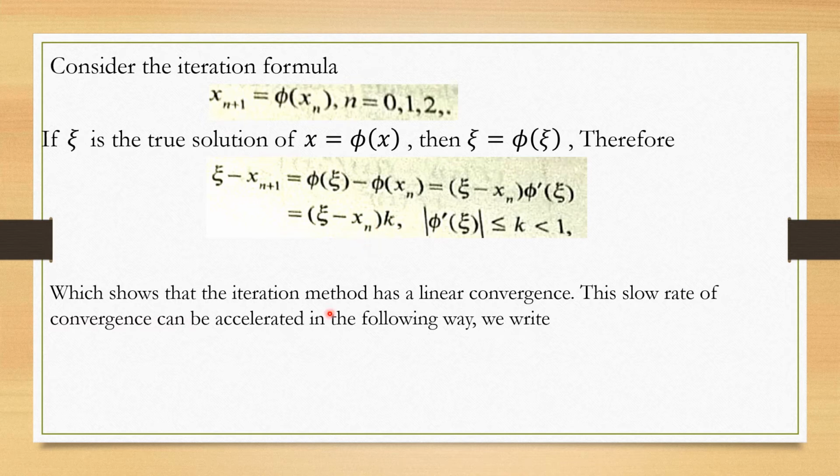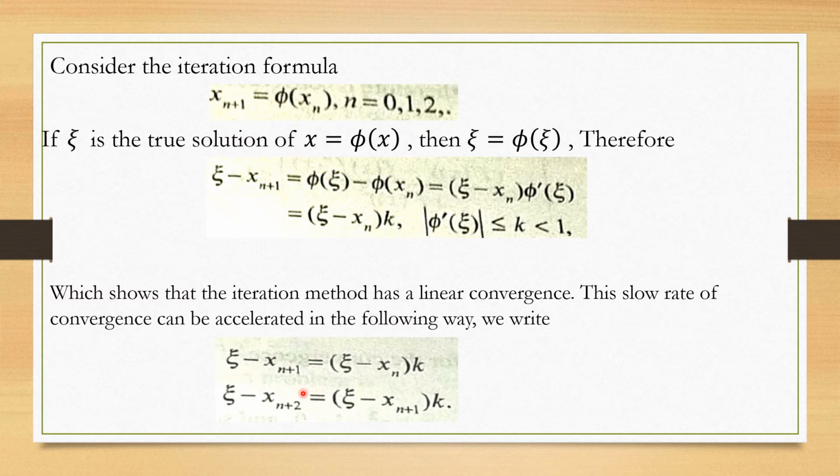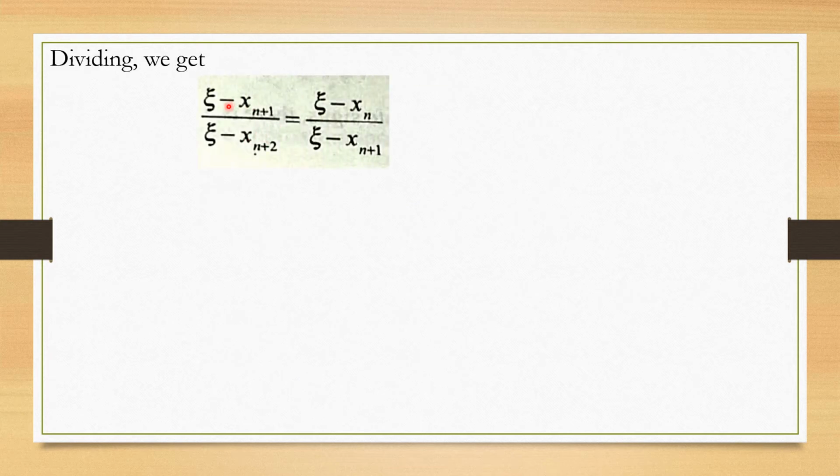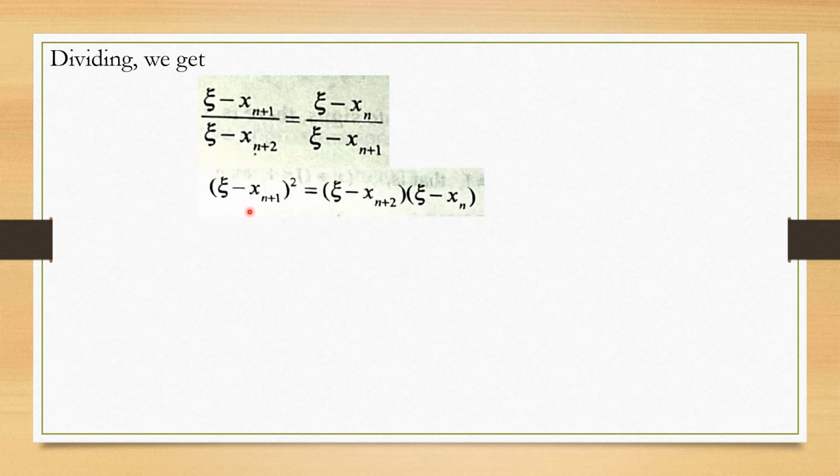This can be accelerated. It is an additional thing that we can accelerate the convergence by modifying this formulation. If we take these two errors and combine them, we obtain this relation, and now cross multiplying we obtain this relation.